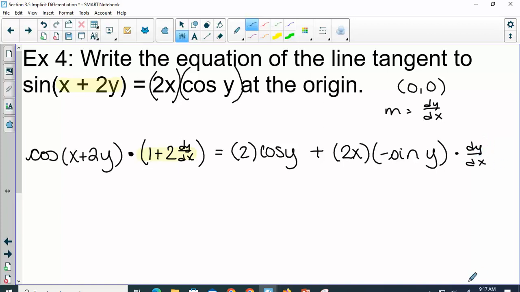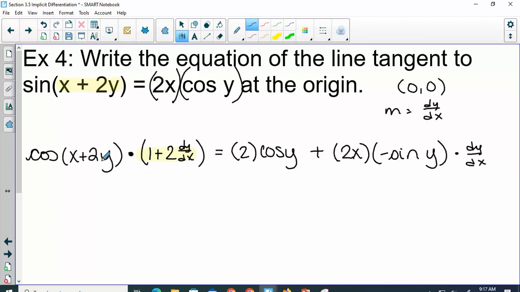Okay, this is an example. Did I ever ask you to tell me what dy dx equaled? No. So you could solve for it, or if we wanted, we could go ahead and plug in 0, 0 first, and that would probably be a lot easier here. So if I put that in, cosine of 0 plus 0.